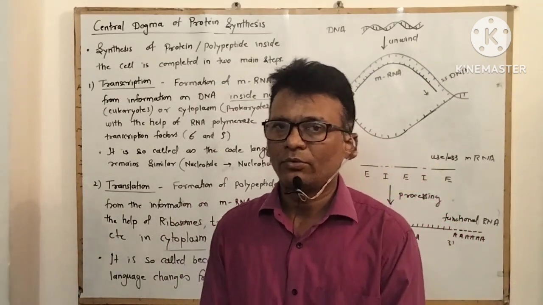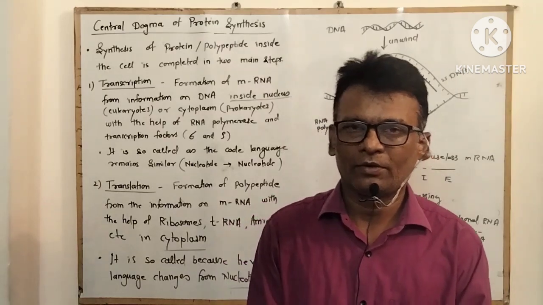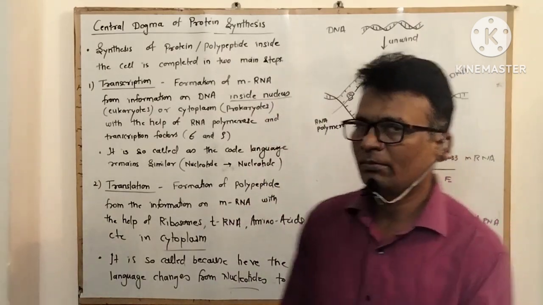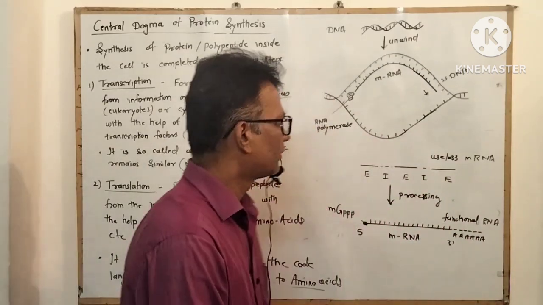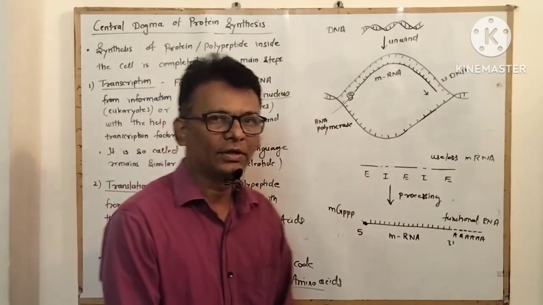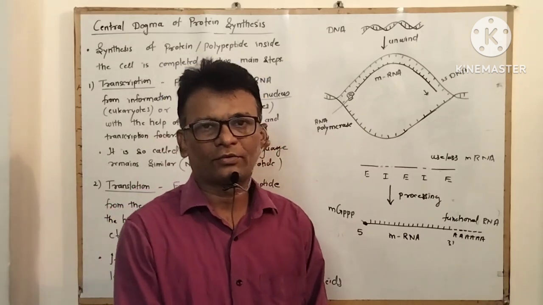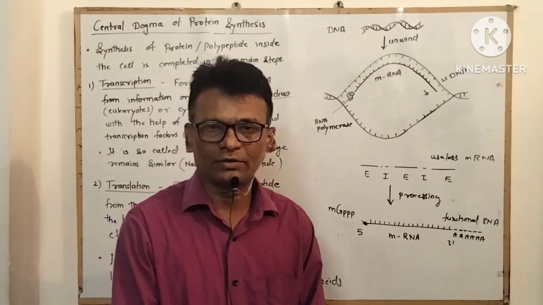It is transcribed into mRNA with the help of RNA polymerase. RNA polymerase binds at the 3' end of DNA and slides towards the 5' end.